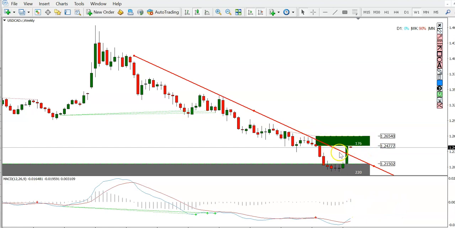So what normally happens here is price will retrace down and then shoot off again back to the upside. This is why I'm looking for this reaction: a move down followed by a move up. That's what I expect to be happening here.